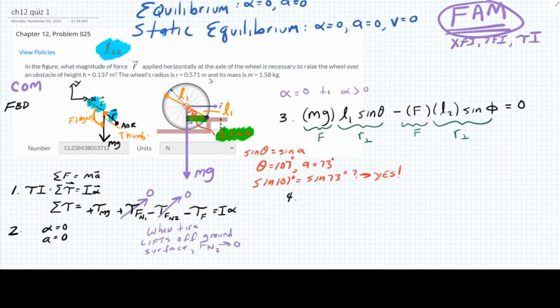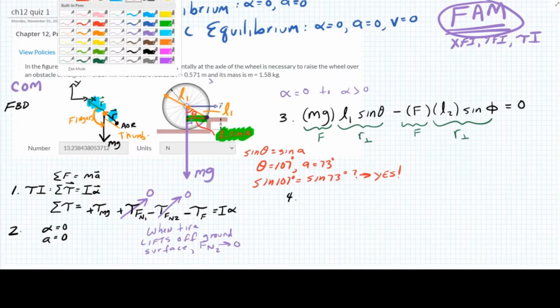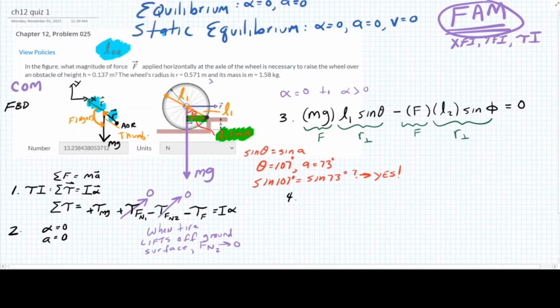I know this dimension right here is R. That's the radius of the wheel. That's true. Okay. I know this is H right here.